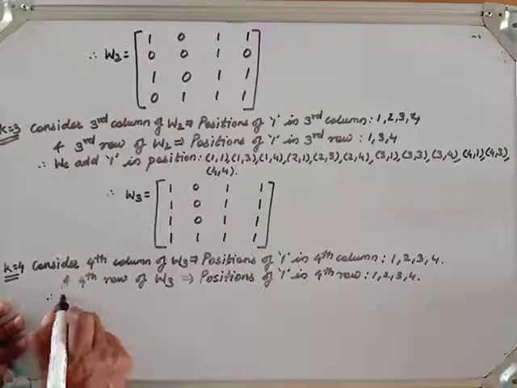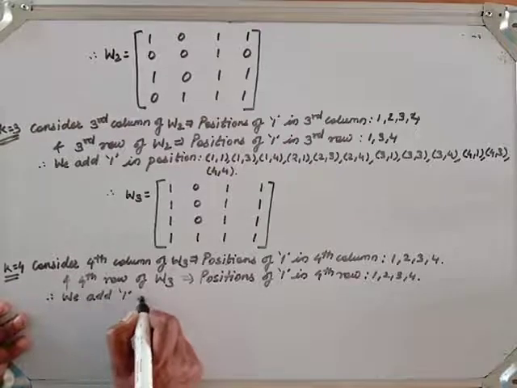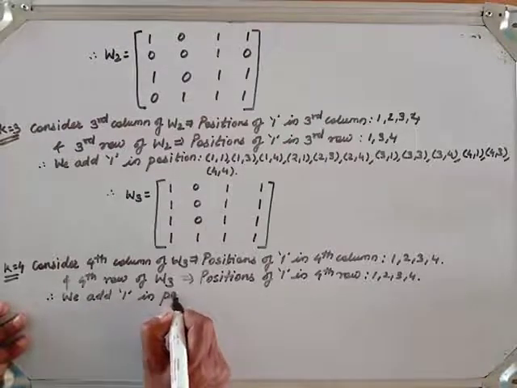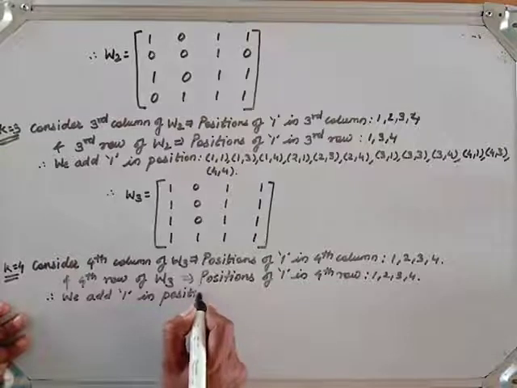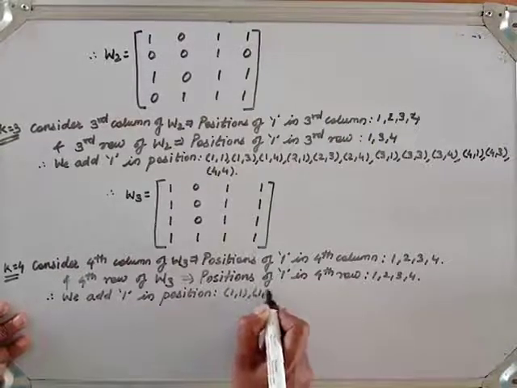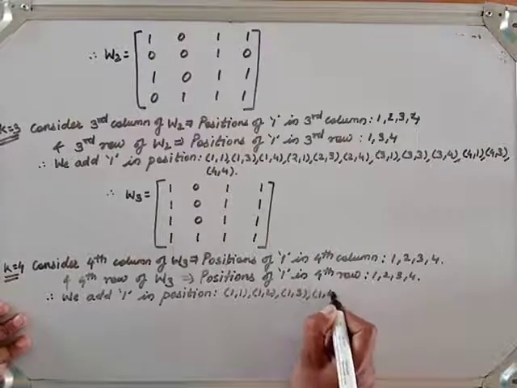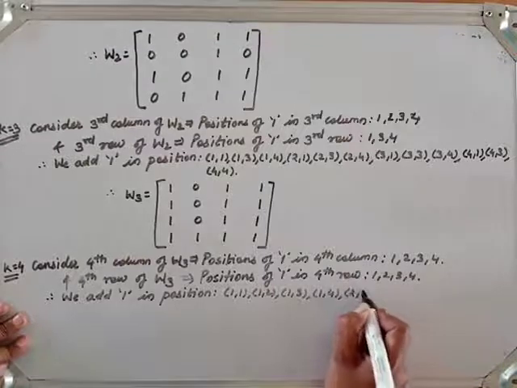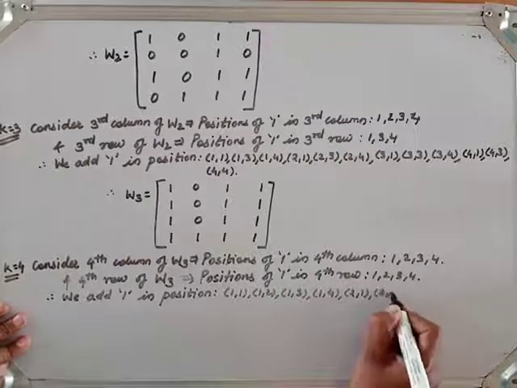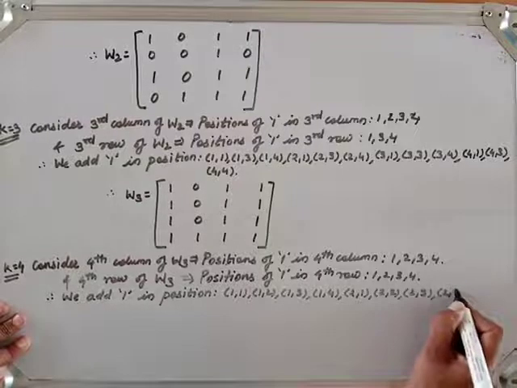Therefore we add 1 in positions 1 1, 1 2, 1 3, 1 4, 2 1, 2 2, 2 3 and 2 4.